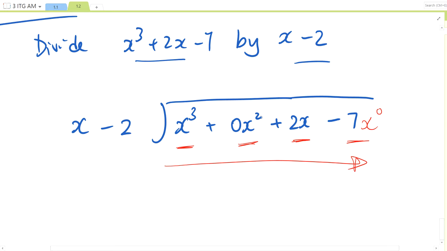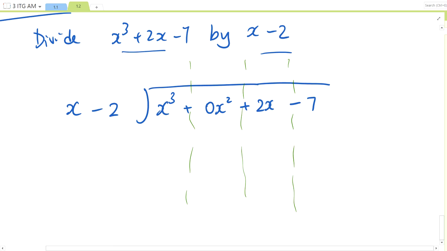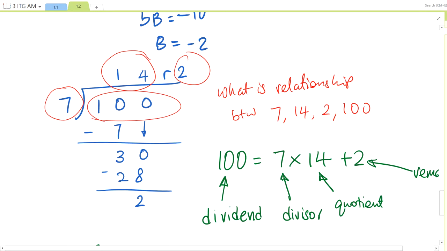Okay, so now is the time for me to illustrate why it is important. When we do long division, it is very important for us to be very neat. I'm going to draw in some invisible grid lines over here to help us space everything out properly. Now, remember when we did 100 divided by 7?